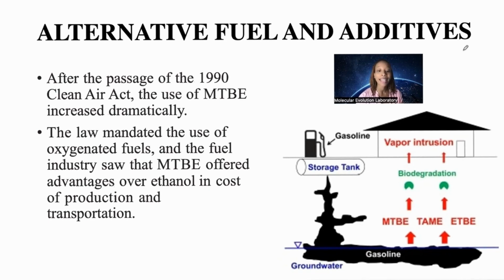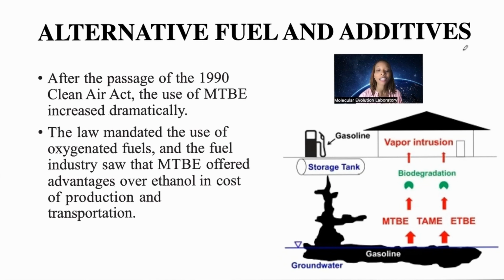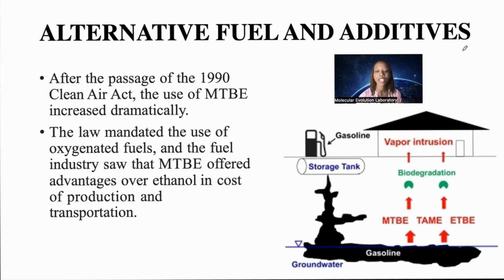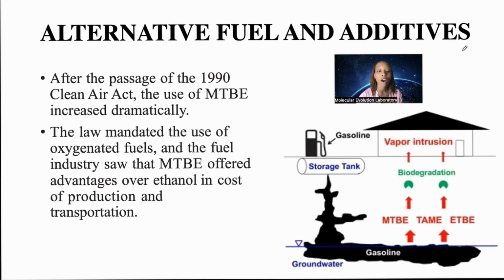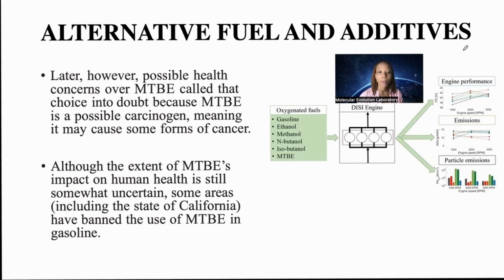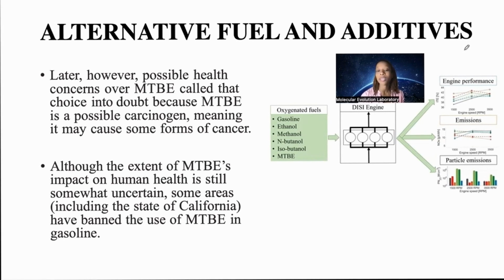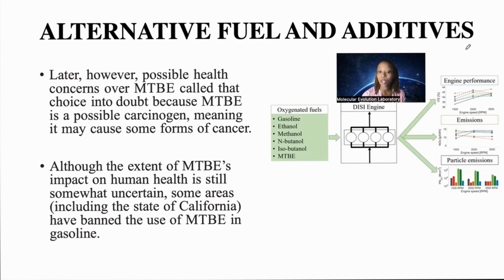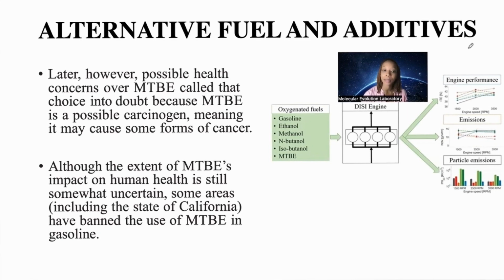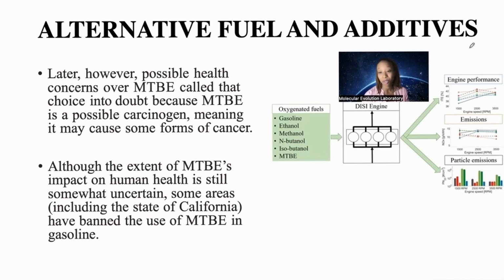The law mandated the use of oxygenated fuel, and the fuel industry saw that MTBE offered an advantage over ethanol in cost of production and transportation. However, possible health concerns over MTBE called the choice into doubt, because MTBE is a possible carcinogen, meaning that it can basically cause some form of cancer.